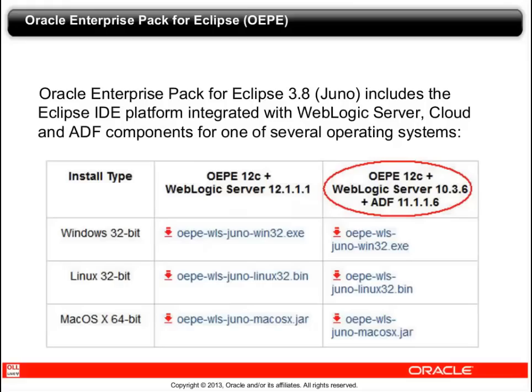You notice that there are two install types. The one that you're interested in is on the right here, the OEPE 12c plus WebLogic Server 10.3.6 and ADF 11.1.1.6. Lots of numbers, but the point is that this is the version you want to use with this tutorial and to support Oracle Cloud.